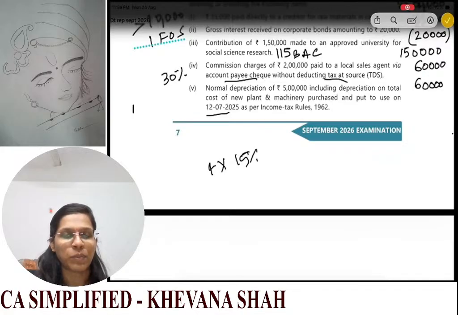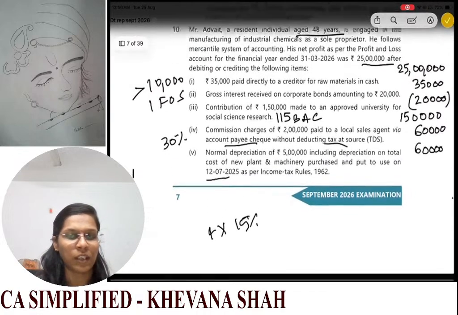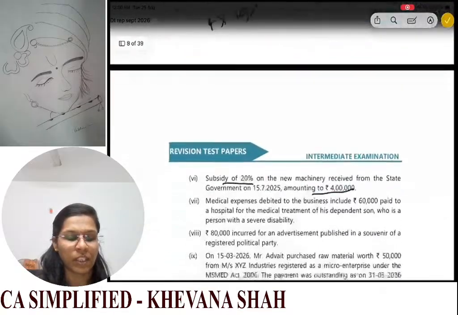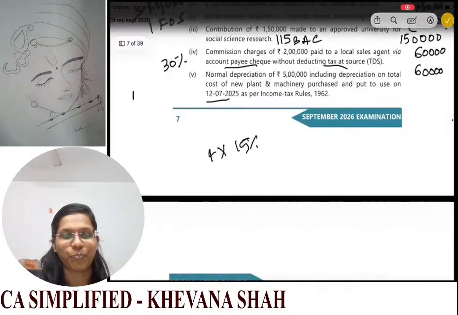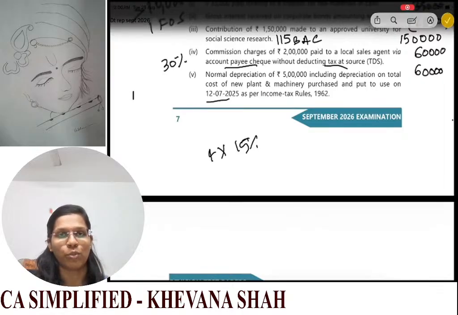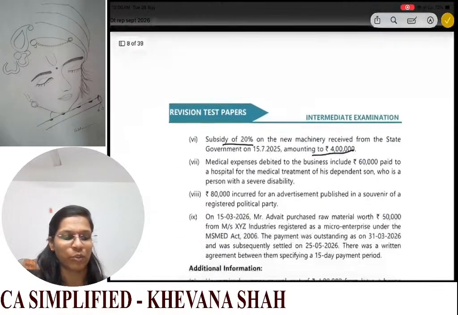Now this government subsidy is reducing your actual cost. So you will be reducing 4 lakh from business income if that was credited to your P&L account. Here it is given that you have credited, so you will be removing these 4 lakh rupees. But since you have already taken the effect in depreciation, we will not do anything to this now.